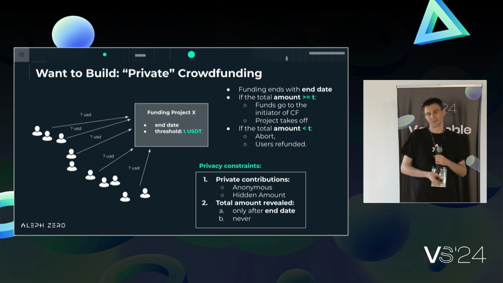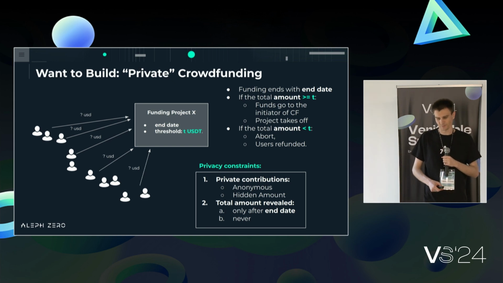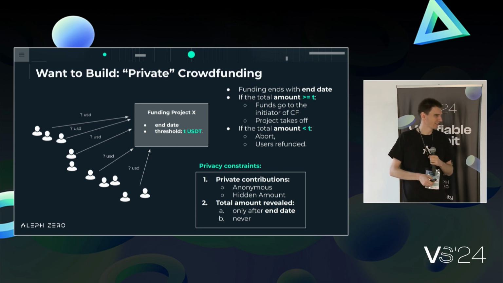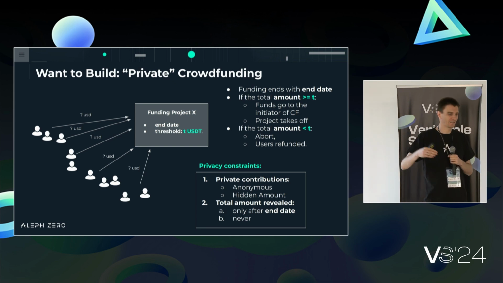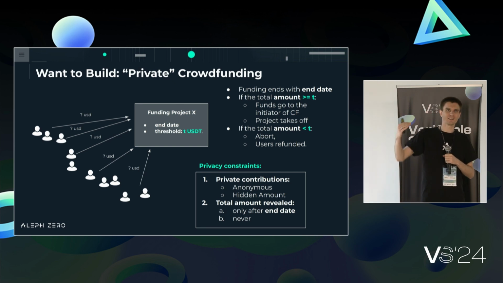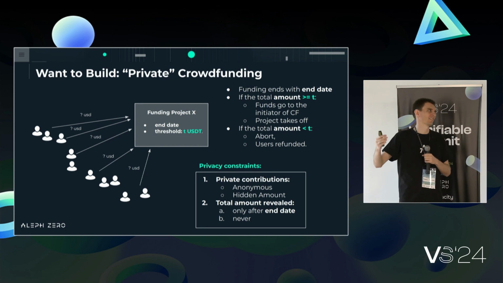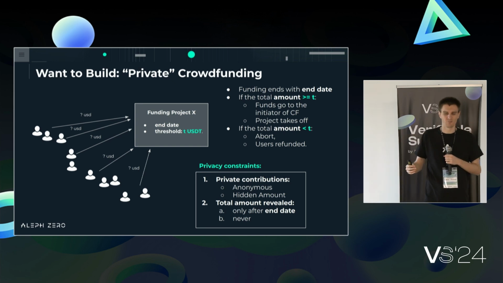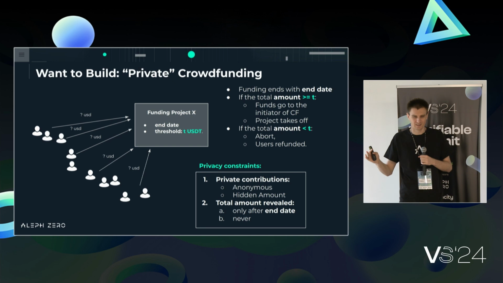Maybe because it's just more interesting then, but there might be other reasons why I want that. There are also two flavors of this privacy constraint. One flavor is that at the end of the crowdfunding, the total amount is revealed and everyone learns that, okay, we wanted 10K, but actually we collected 100K, great.